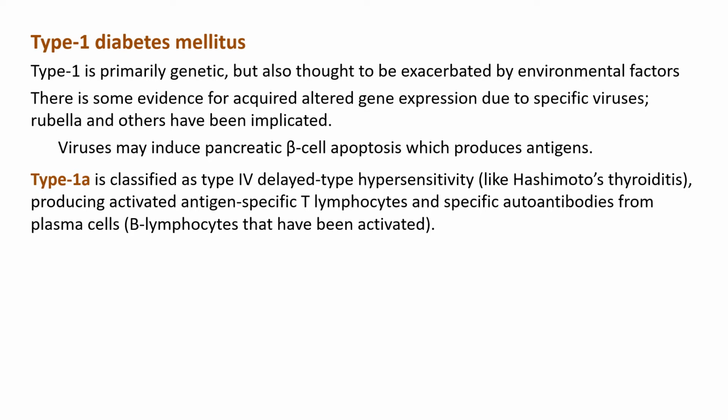Once B cells become plasma cells, they secrete antibodies. In this case, they are autoantibodies because they're attacking our own proteins. And they are attacking specific proteins because, of course, the adaptive immune response is antigen specific.